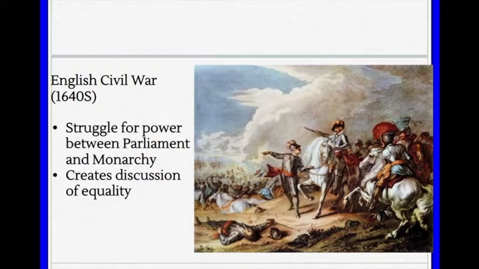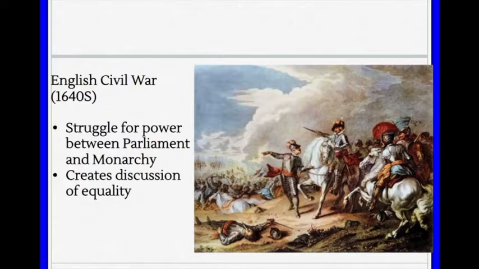It also accused the monarchy of imprisoning political enemies. As a result of all this, civil war breaks out, and ultimately, Parliament wins. So the monarchy was abolished, at least temporarily. And it was declared a commonwealth and a free state led by Oliver Cromwell. The monarchy was later restored in 1660.